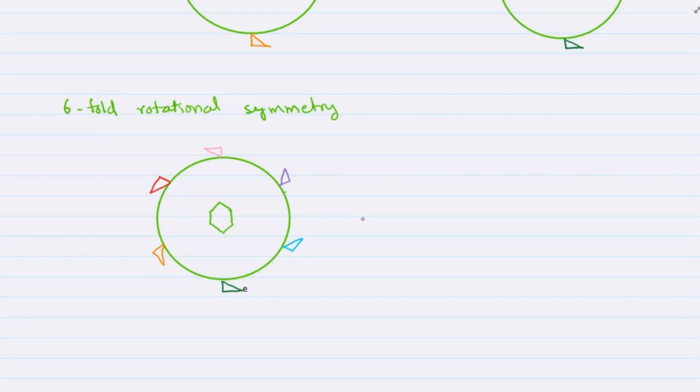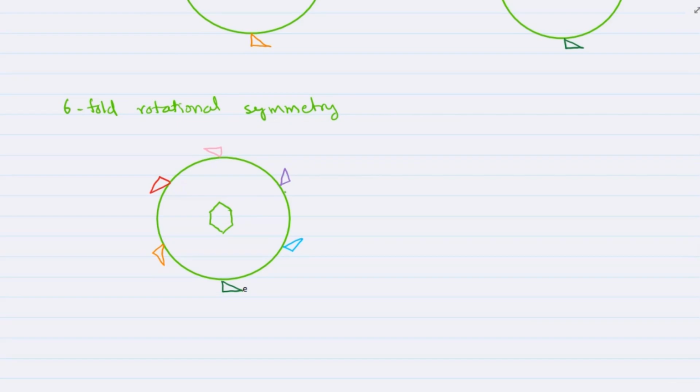Outside the circle there are six right angle triangles placed at a rotation of 60 degrees each. So the question is, how much rotation should we give to this specific shape so that even after rotation it looks symmetric? So we should give a rotation of 60 degrees to this specific shape.